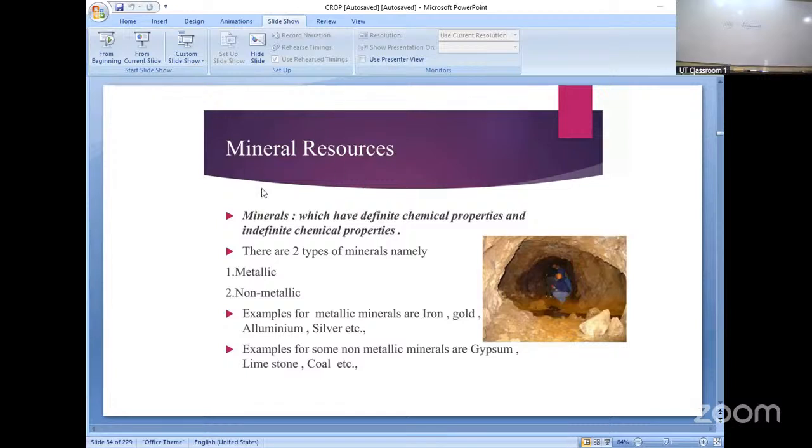Next is the mineral resources. Minerals have definite chemical properties, and they are metallic and non-metallic minerals. Metallic minerals are iron, gold, aluminium, silver, and non-metallic are gypsum, limestone, coal. All these are minerals and we are getting them after mining, right?